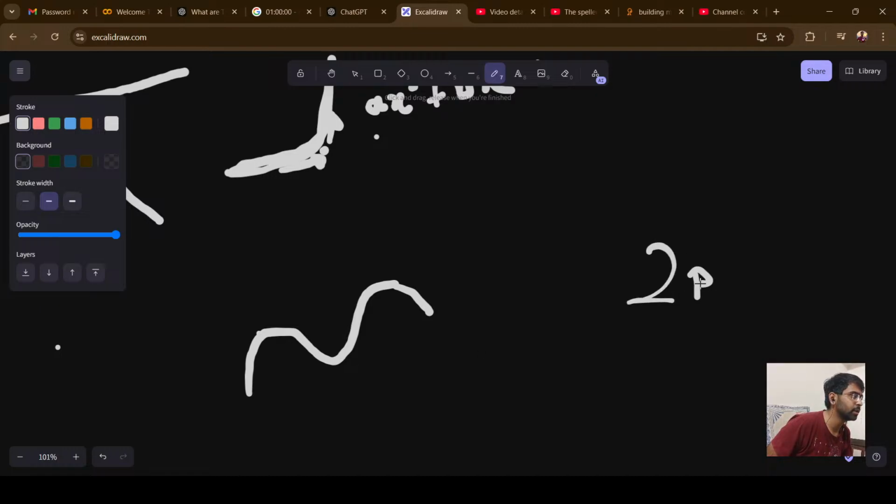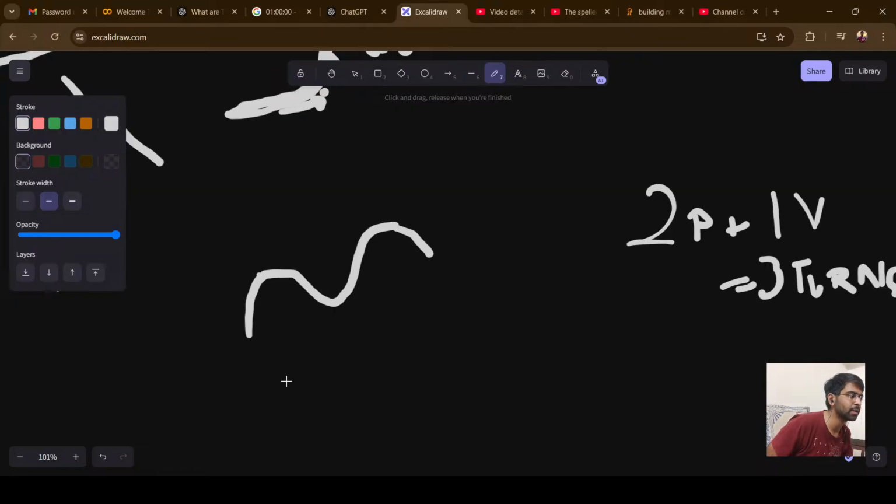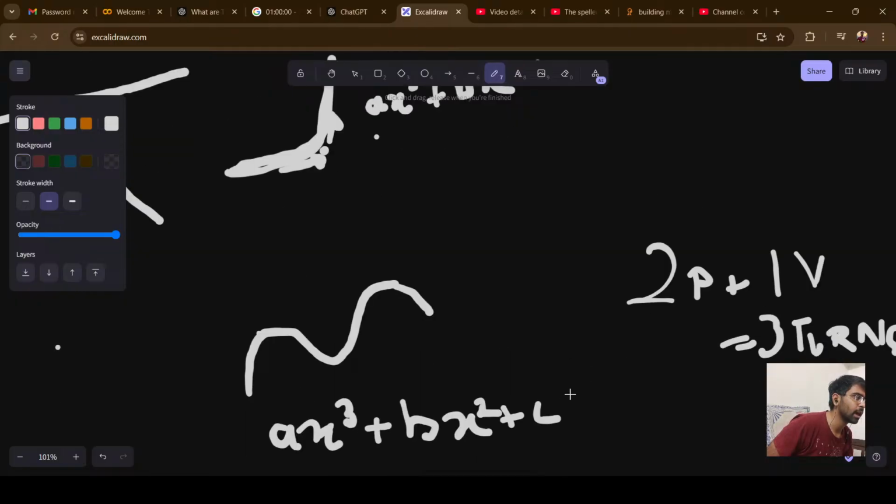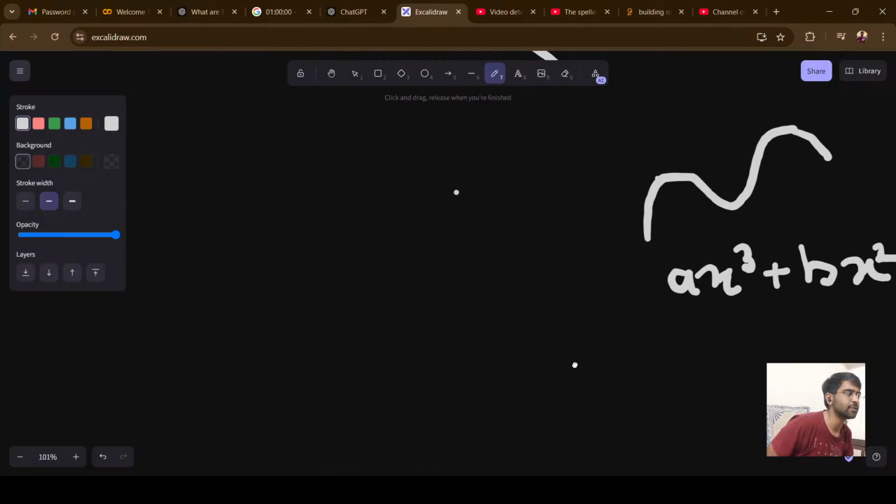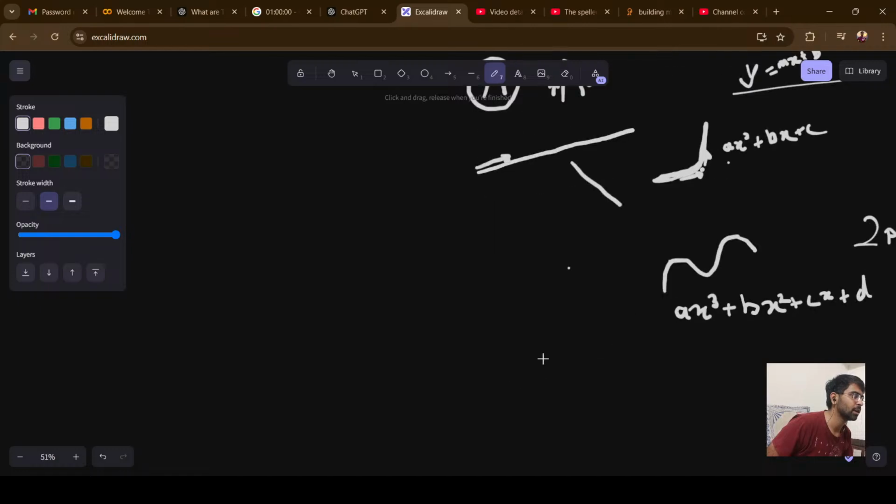So two peaks plus one valley equals 3 turns, right? And these types of functions are represented by ax cube plus bx square plus cx plus d, and so on. It continues up to an nth degree polynomial.